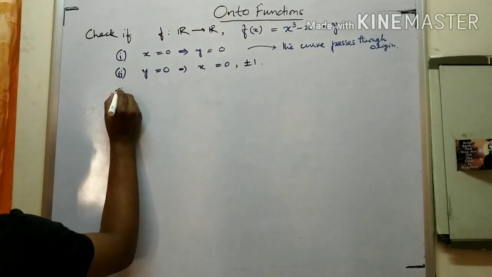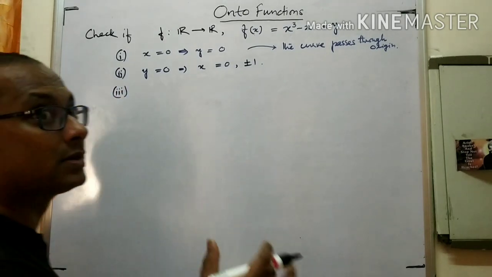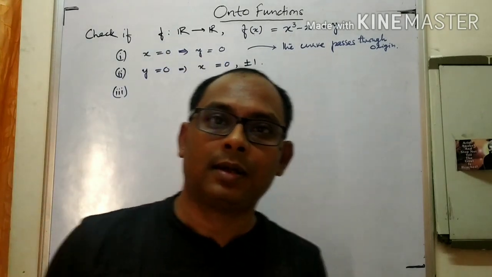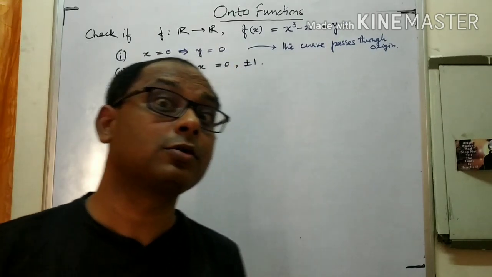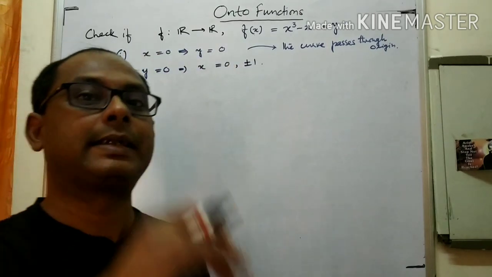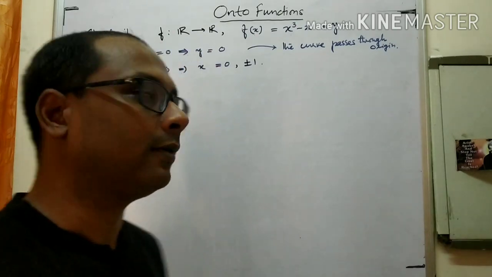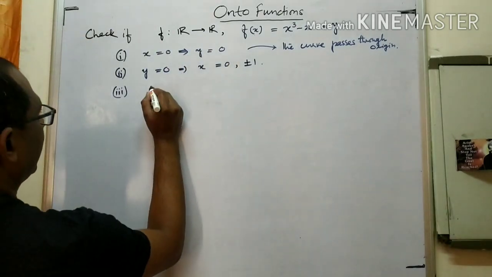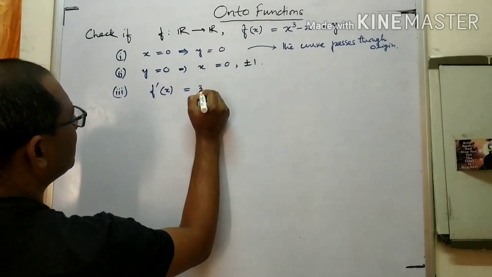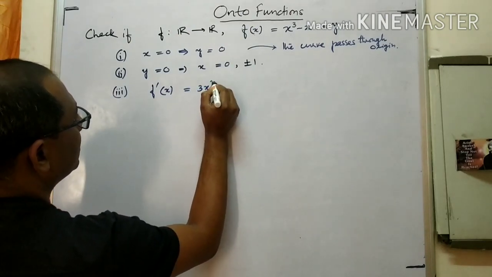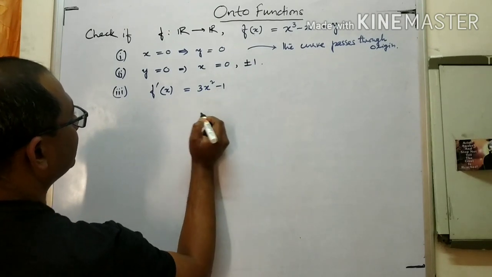Third, we'll check whether the graph is going to take some turn, and if it is going to take a turn, which are those points at which the curve will take some turn, if at all. So for that we'll find out f dash x, which is 3x square minus 1.